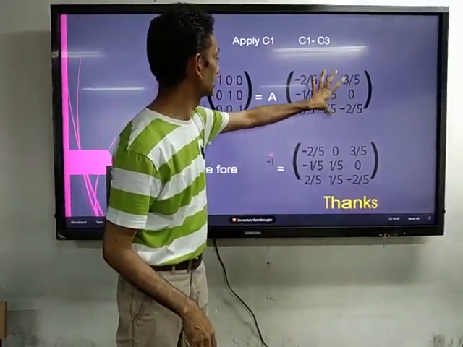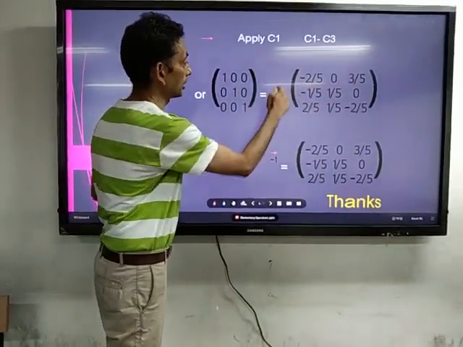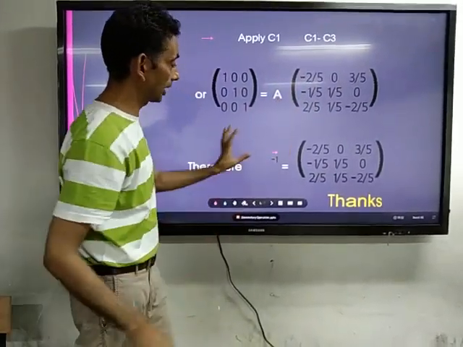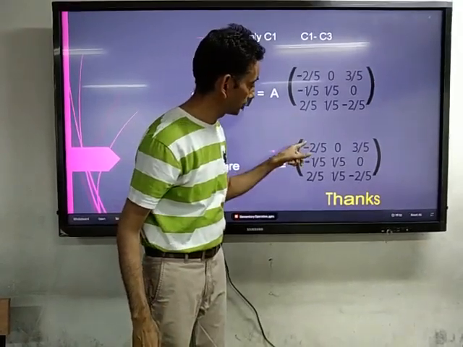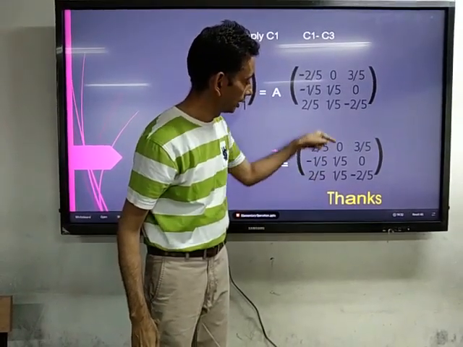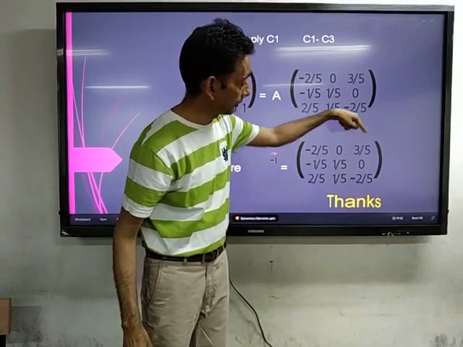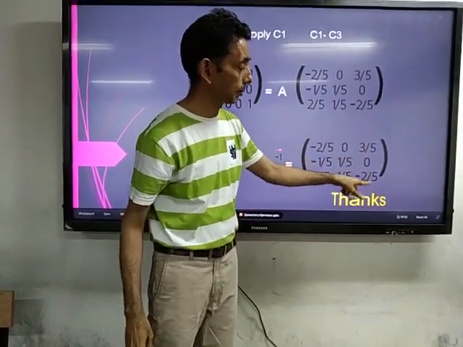Therefore, this matrix will be the inverse of A. And finally, our answer is that the inverse of A will be minus 2 by 5, minus 1 by 5, 2 by 5, 0, 1 by 5, 1 by 5, 3 by 5, 0, minus 2 by 5.